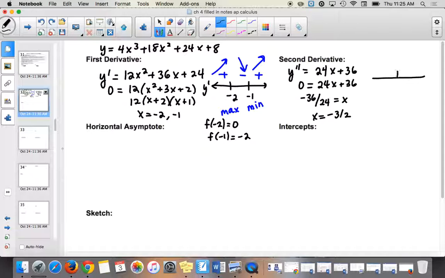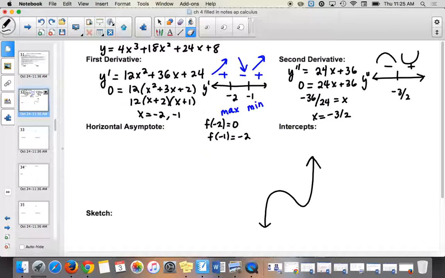Based on your knowledge of what this graph probably looks like, what do we think our concavity is? Is it up and then down, or down and then up? Down and then up, because remember, it's probably like this, right? So negative and positive. You can skip through some of these steps, but we do know that there's a point of inflection at negative 3 over 2.